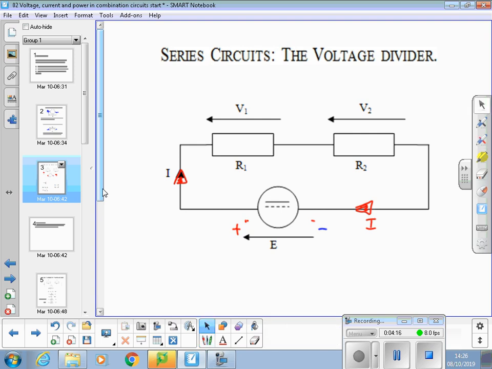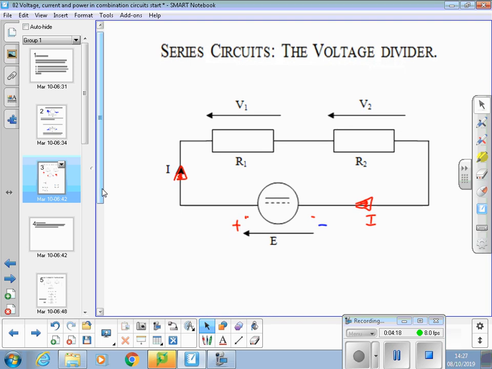Then what we can say about this circuit is we've got two volt drops across components. This end of this component is closer to the positive terminal than this end. So that end is more positive than that end, and therefore our volt drop arrow points that way. Notice it's against the flow of current.